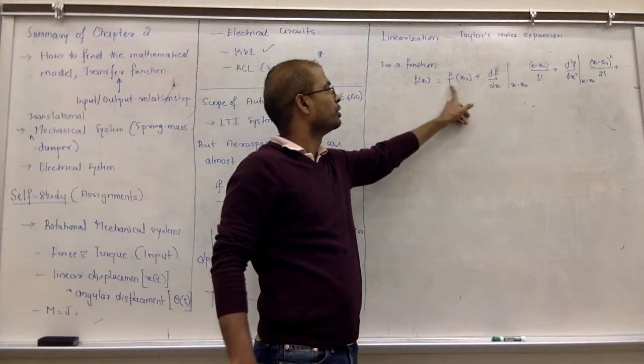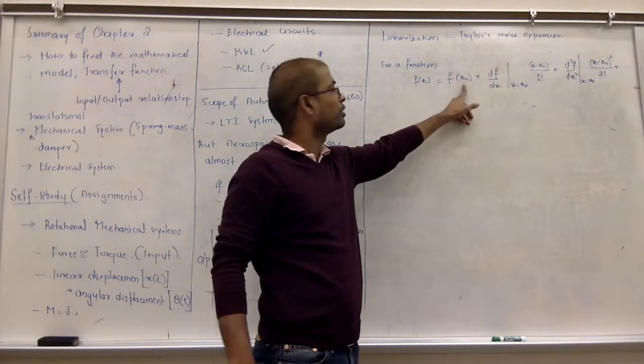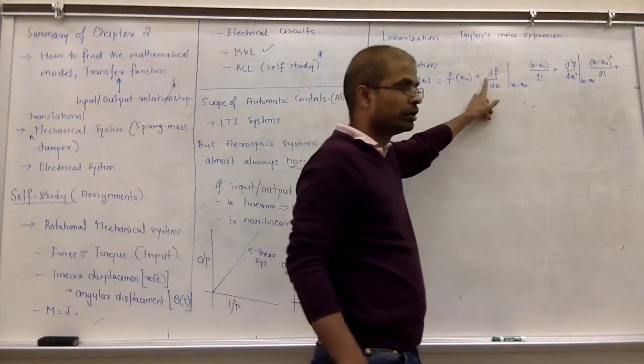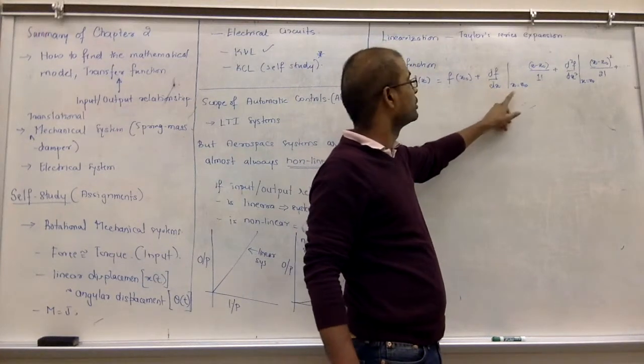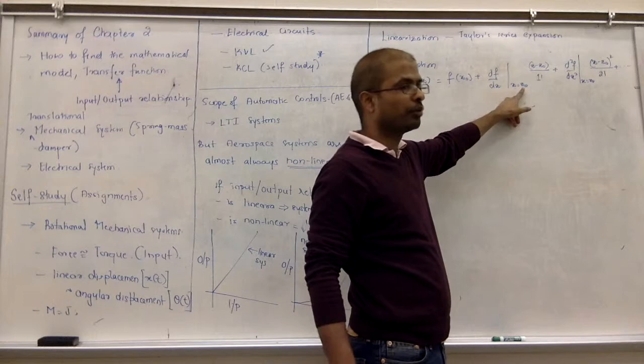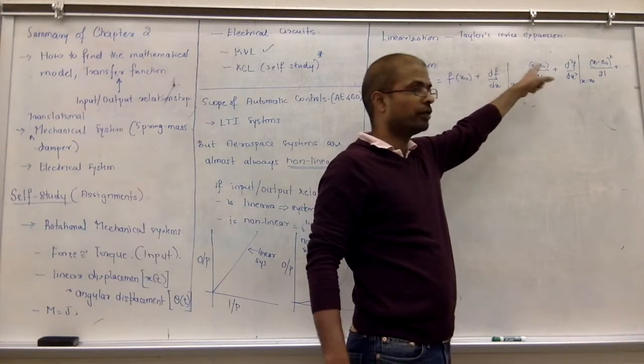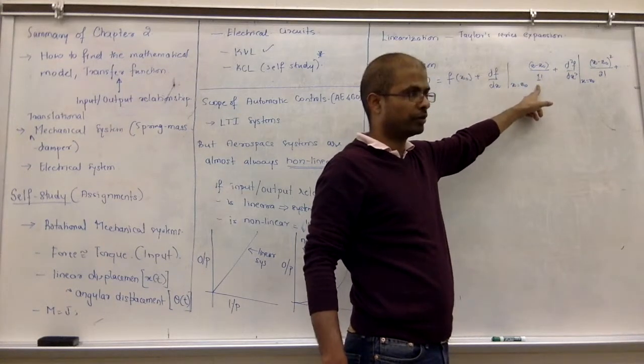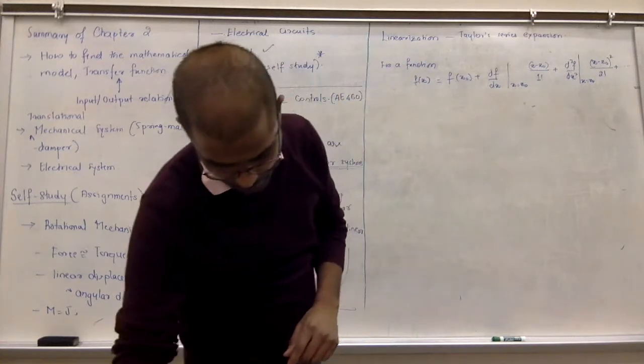Okay. You take the value of that function about that point. Then you differentiate it once, evaluate it at that point again, and you take the difference divided by the factorial. So I'll give you an example.